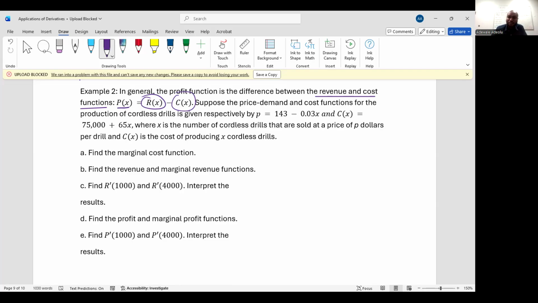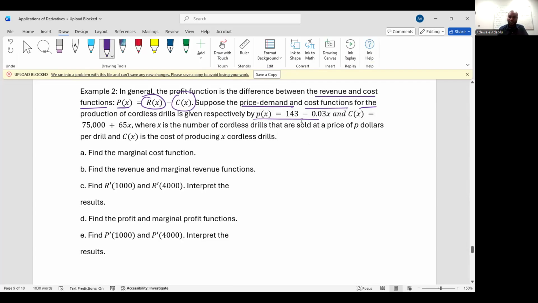Suppose the price, demand, and the cost functions for the production of cordless drills are given respectively by P, that is the price. That price depends on the demand, that is the number of items sold.